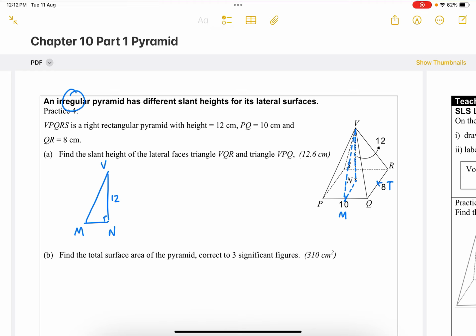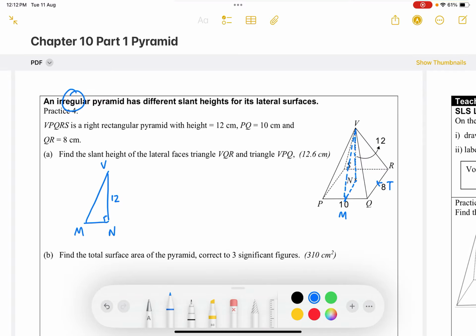So now I need my distance MN. Take note, N will be right in the center of the pyramid. So our MN distance, this portion will be the same as this portion. They are the same, which means it is 4 centimeters.